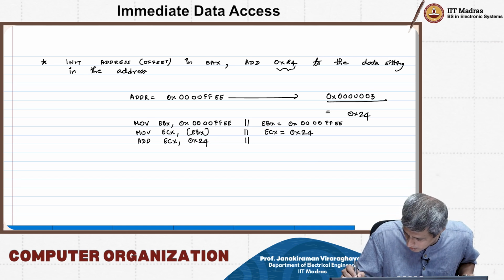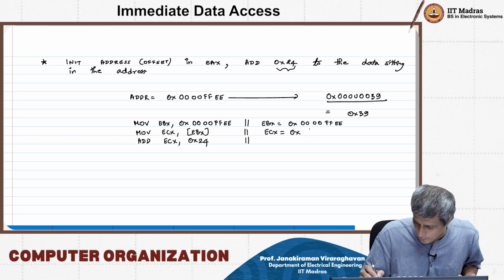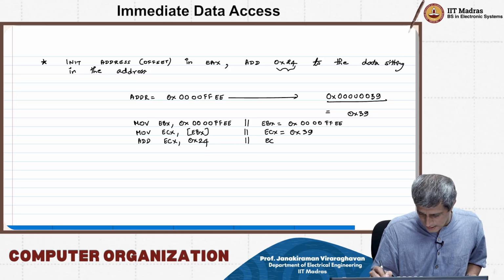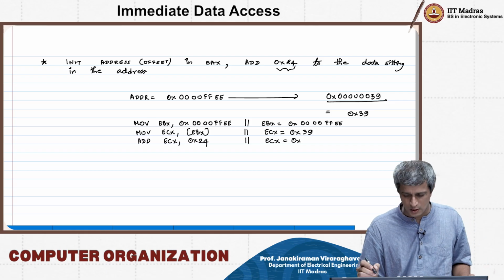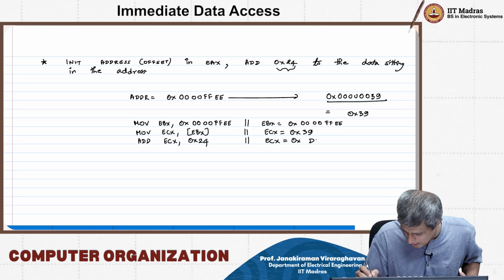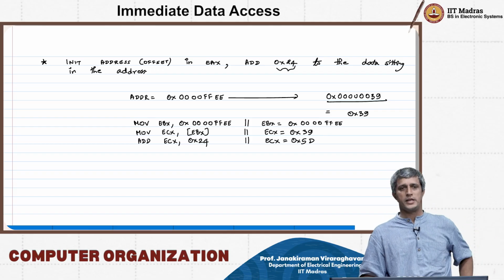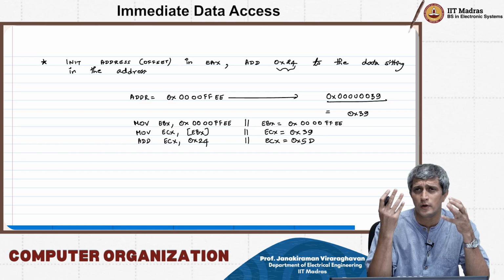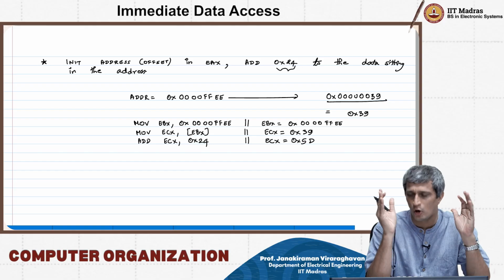I'll call this 39. Okay, 39. Okay, so then I'm going to say ECX is 24 plus 0x39. So 9 plus 4 is A, B, C, D, right? So you get D and 5. You'll get the answer to be 5D out here, right? So this is how simple assembly programs can be written with the data movement and the ALU operations.